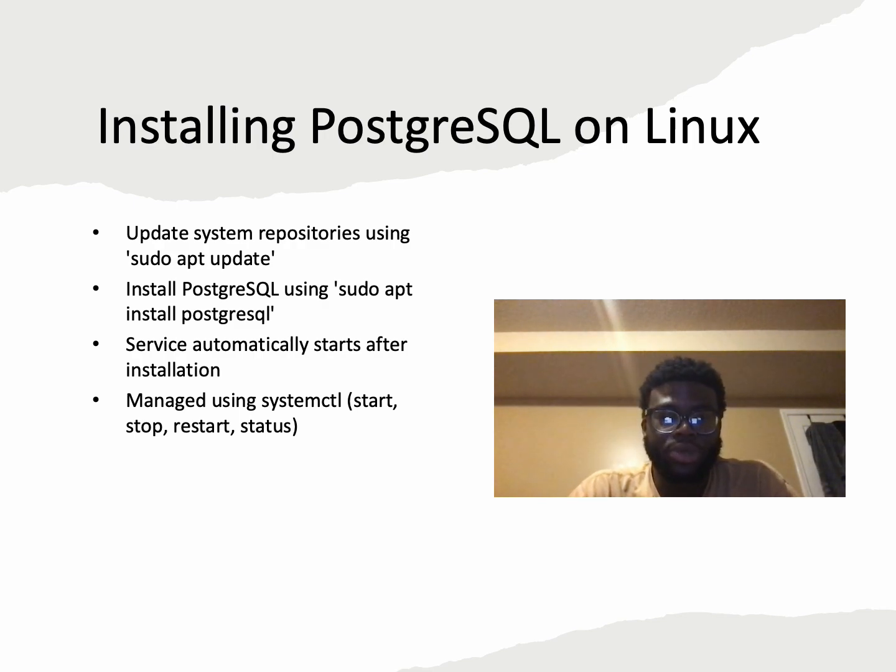It is managed using the systemctl command, which starts, stops, restarts, and checks the status of PostgreSQL. So you update first, then install, and it starts up automatically. Then for any command you want to use to manage it, you use systemctl.